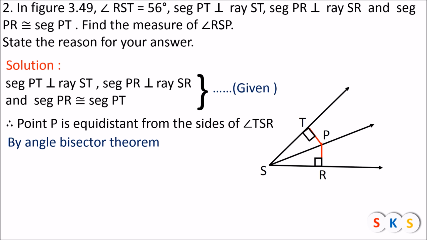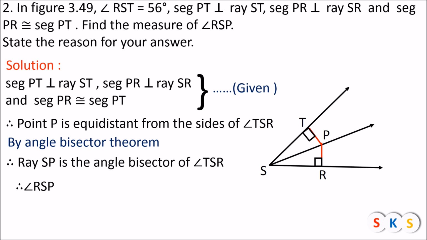Point P lies on the angle bisector of angle TSR, since PT and PR are equal. It means ray SP is a bisector of angle TSR.